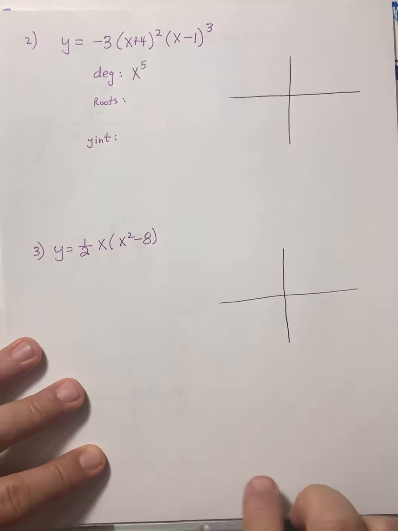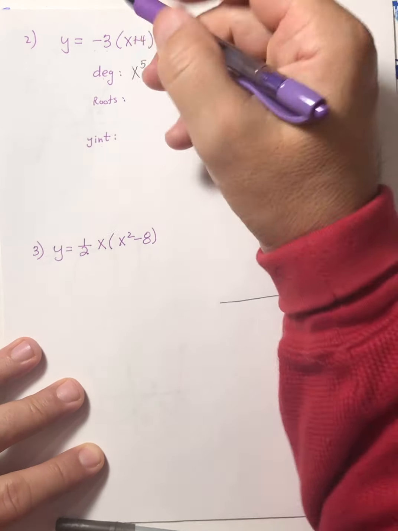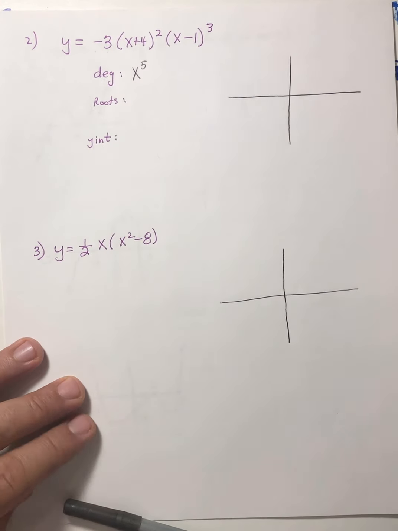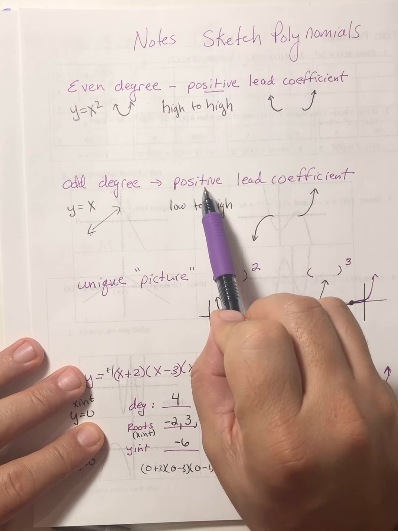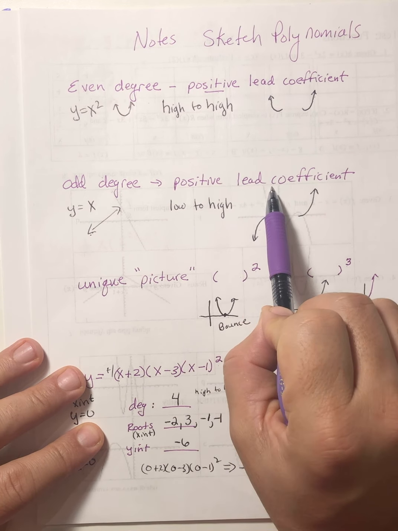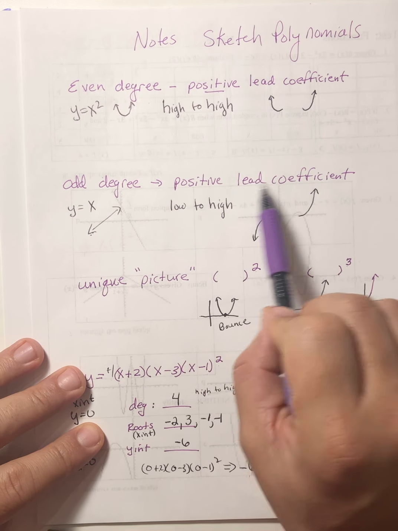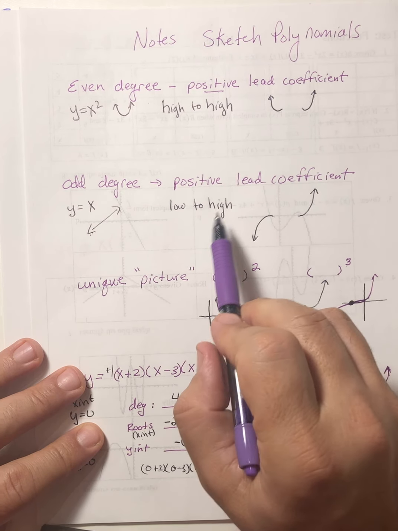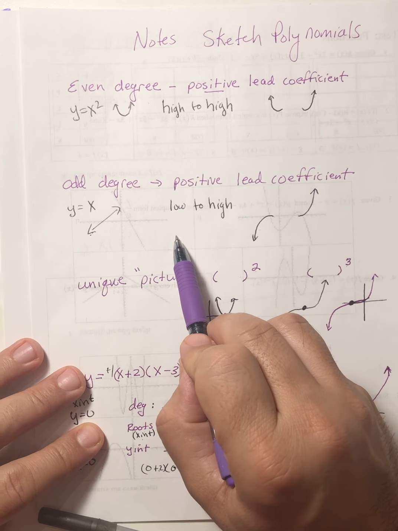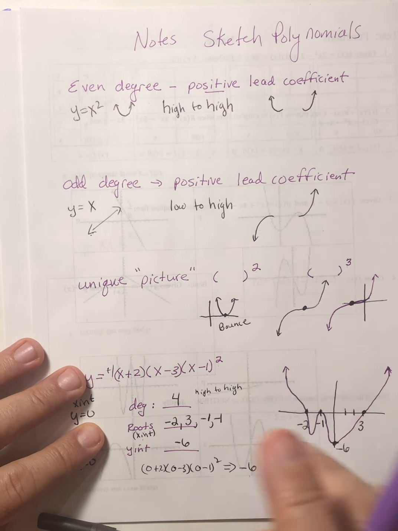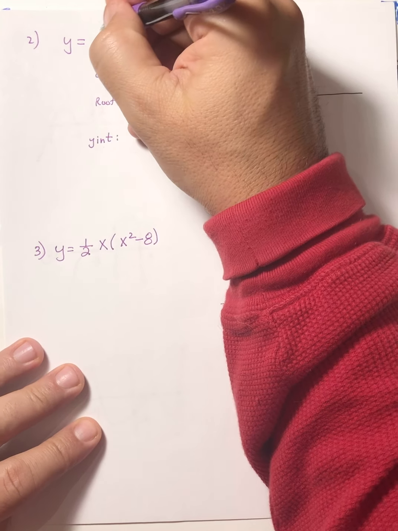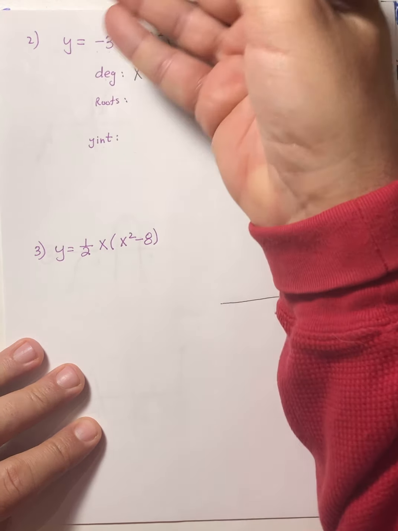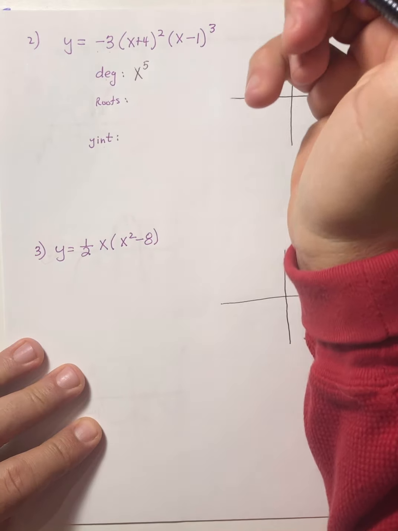The lead is negative, so what does that do to a normal curve? Remember, the directions here are low to high for a positive lead coefficient. So then what would happen with a negative lead coefficient? That's right, we would go high to low for a negative. So this negative right here says your picture is flipped over the x-axis.